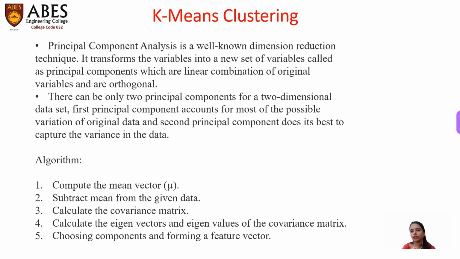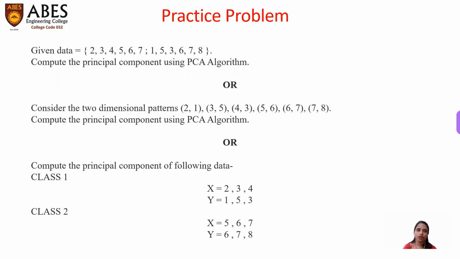Now let us learn it with the help of a given problem. We can have the same problem in various 3-statement or 4-statement forms. So first is the given data. We have a data set that is 2, 3, 4, 5, 6, 7, then a semicolon.